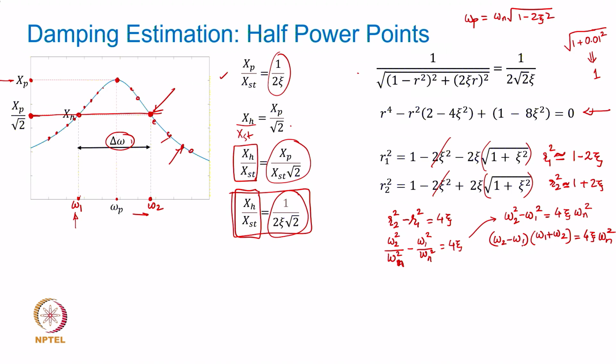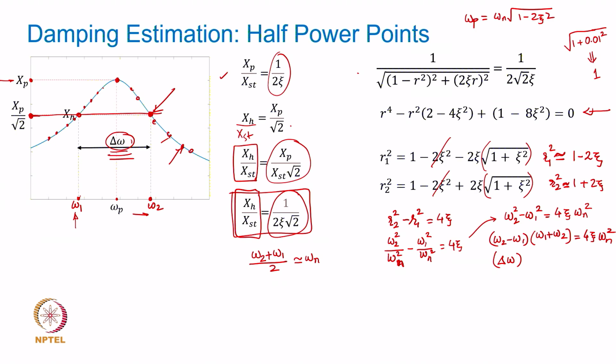Now, as per my definition, what is this delta omega? Omega 2 minus omega 1. So, this is my delta omega, and this is another assumption that I am making here: omega 2 plus omega 1 upon 2, can I say that this is again close to omega n?